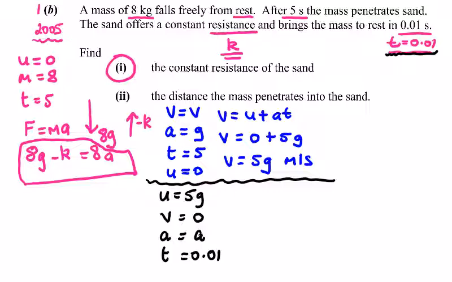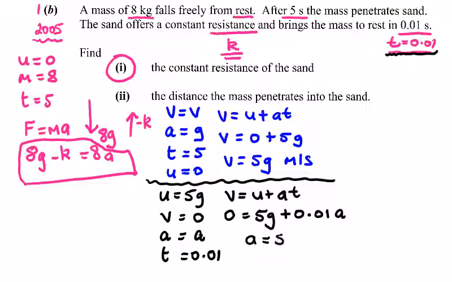So v = u + at again. It comes to rest, it's traveling at 5g, and we're looking for a, with time 0.01. So we're going to get a is equal to minus 5g over 0.01.